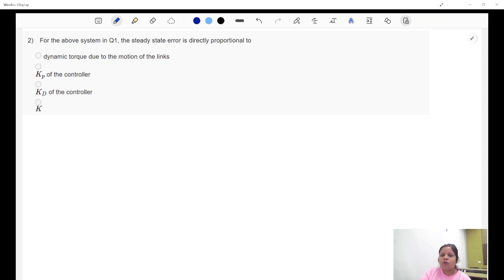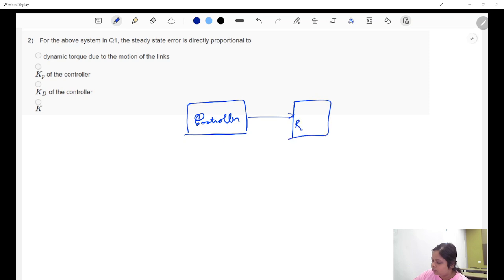Let's first look at the PD controller, because this question is related to question number 1. That means our controller remains the same. Let's check what the control input actually is, what is coming out of the controller. If I make the block diagram of the system, here is the controller, here is your robot, here is your output.